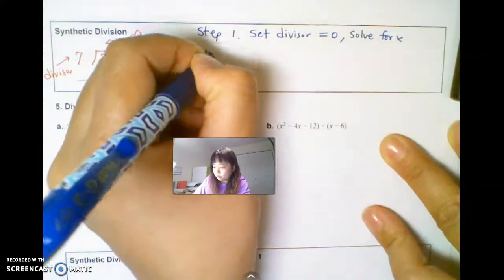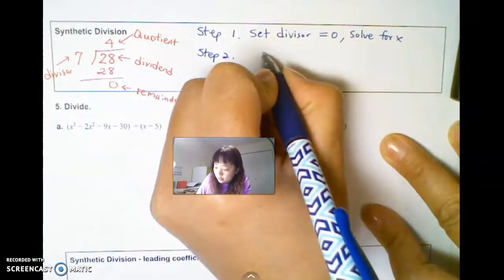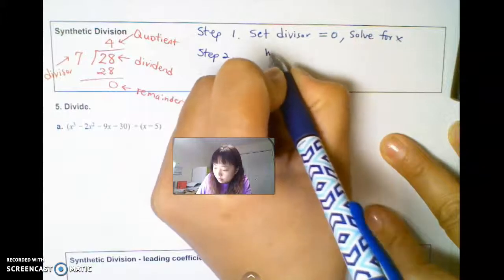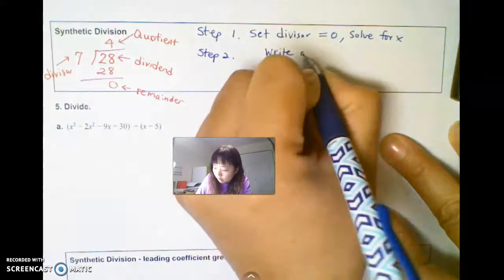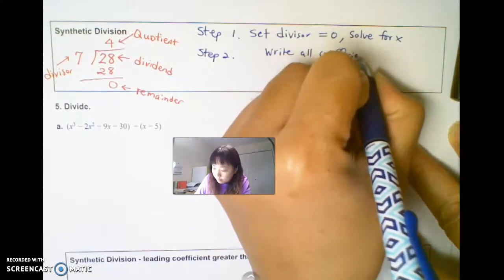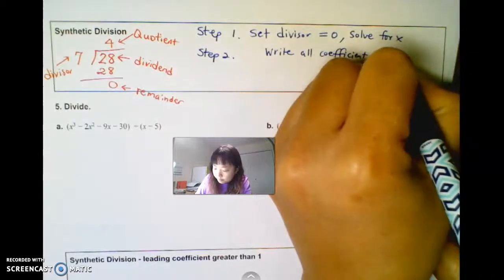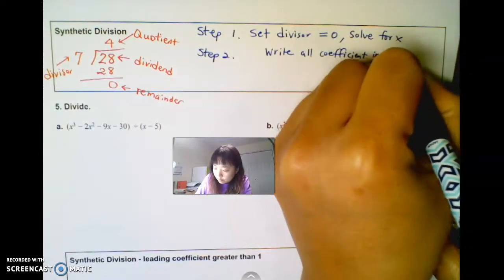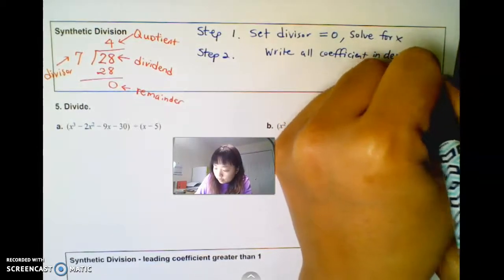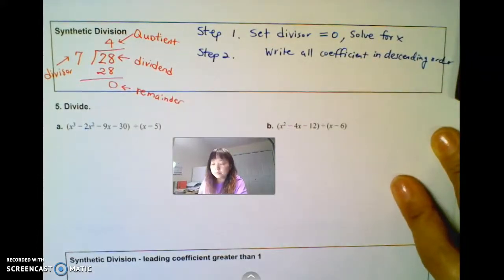Step 2, we usually list all coefficients in descending order. Now, I will explain what this means.